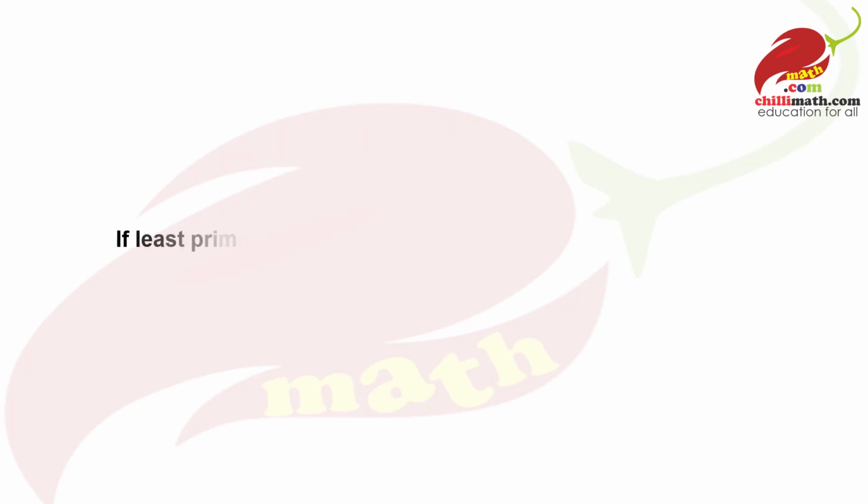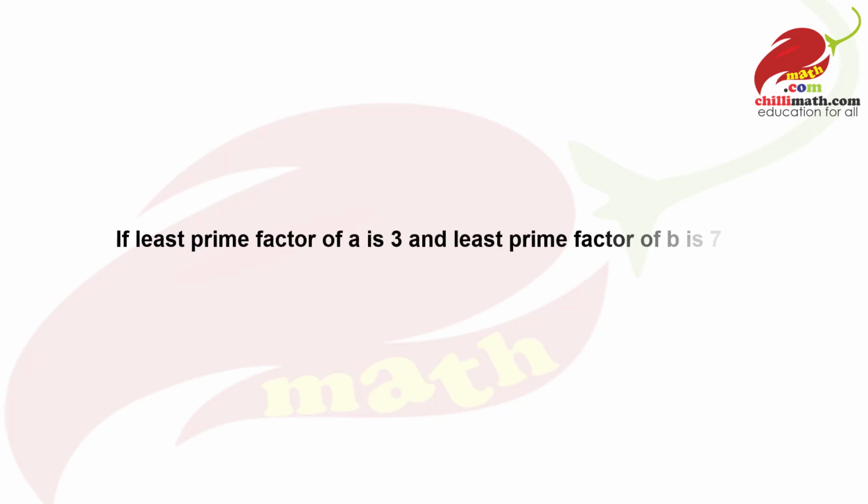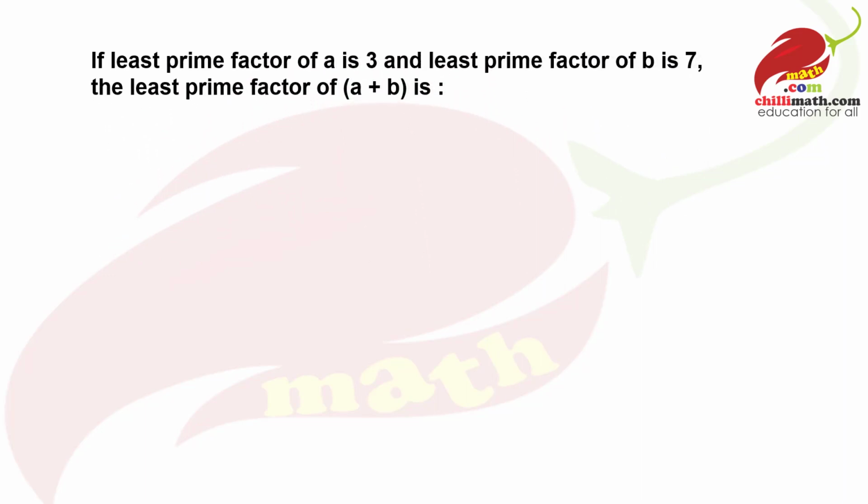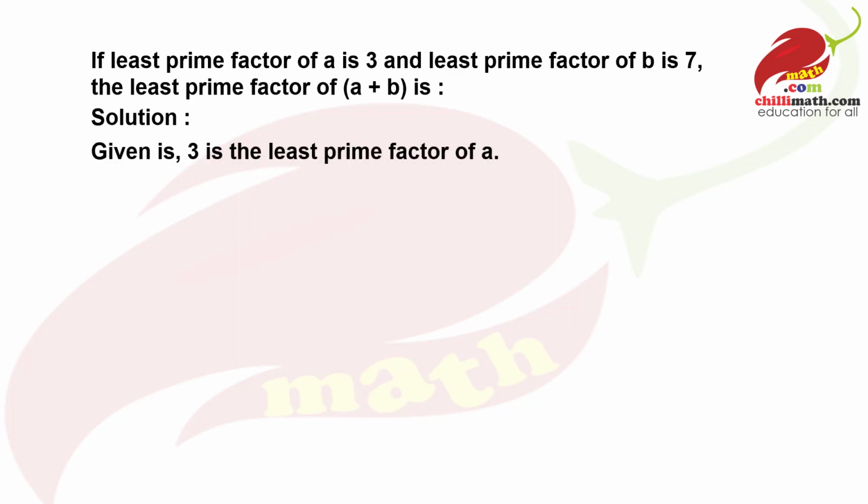If the least prime factor of a is 3 and the least prime factor of b is 7, the least prime factor of a plus b is. Solution. Given is 3 is the least prime factor of a. That means the number a is odd.